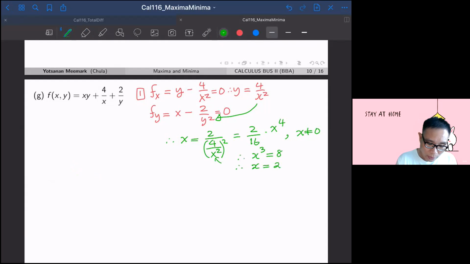Okay, so after you have x equal to 2, you plug into here for y, and this allows you to have y equal to 1. Okay, so you have y equal to 1 and x equal to 2. So you solve this, and you conclude that (2, 1) is the critical point.